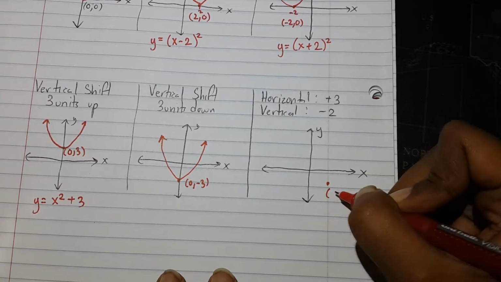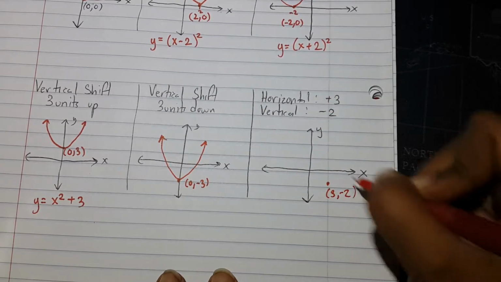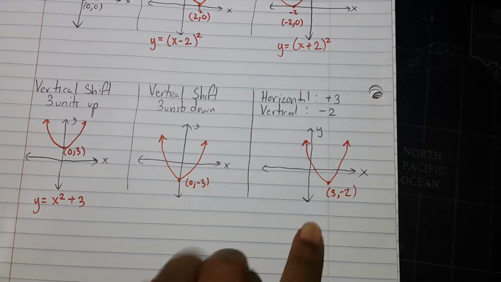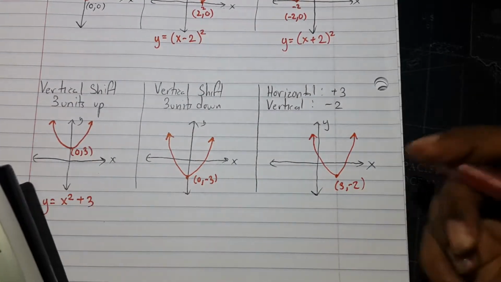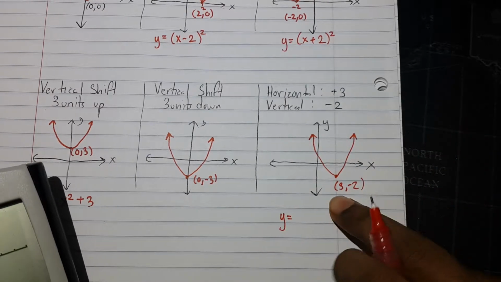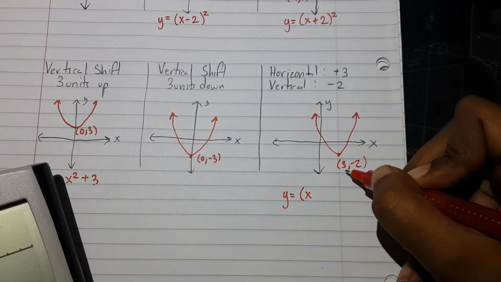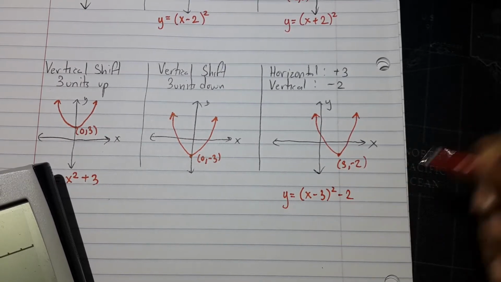So my graph should end up in this region. It's going to be facing up because I'm not changing anything else but that. And then if I were to figure out what the equation would look like, it will be y equals, now I'm affecting both h and k, so a equals 1, (x minus 3) squared, and it's going to be minus 2.